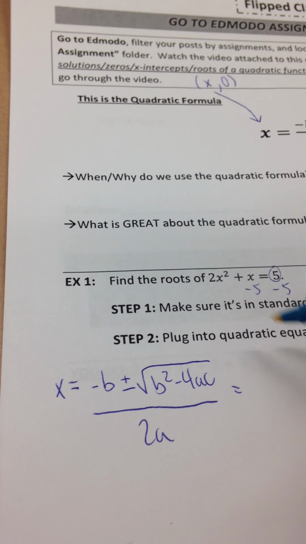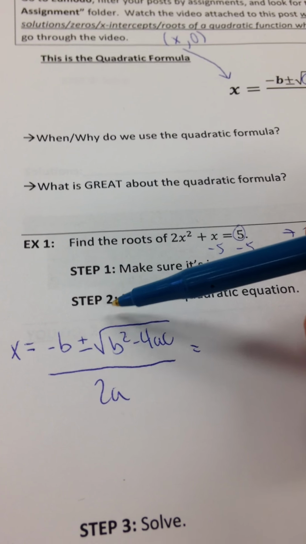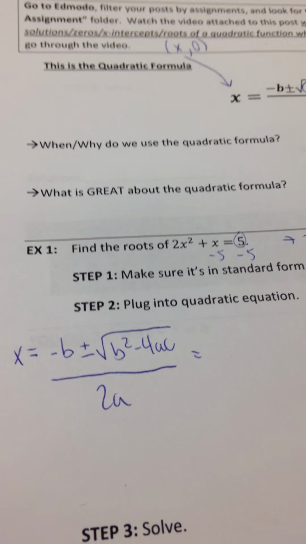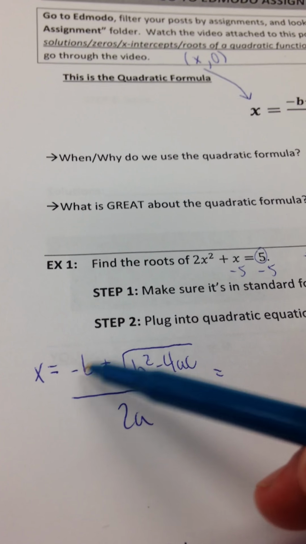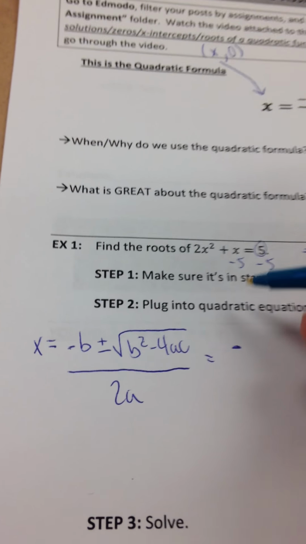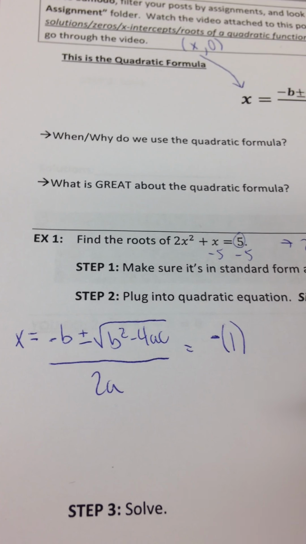The next step is actually plugging into the quadratic. I'm pretty picky about this. I want to make sure that every time you plug into a variable, you open your parentheses to plug in, because these negatives can get a little bit messy. So this negative is part of the formula, so I'm just going to rewrite that negative. I see that I need to plug in b, so I'm going to open my parentheses and plug in my b value.